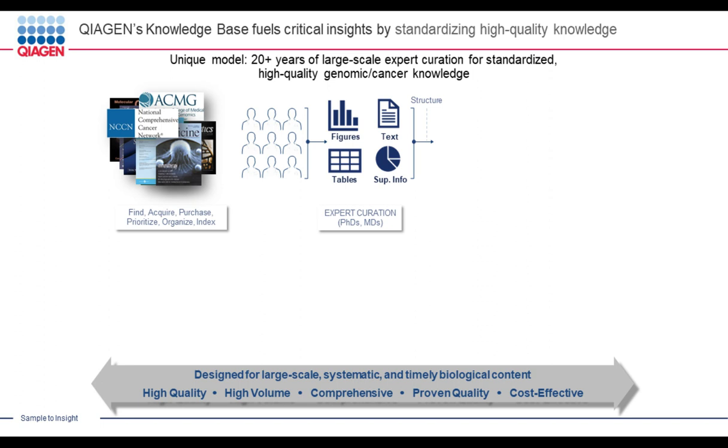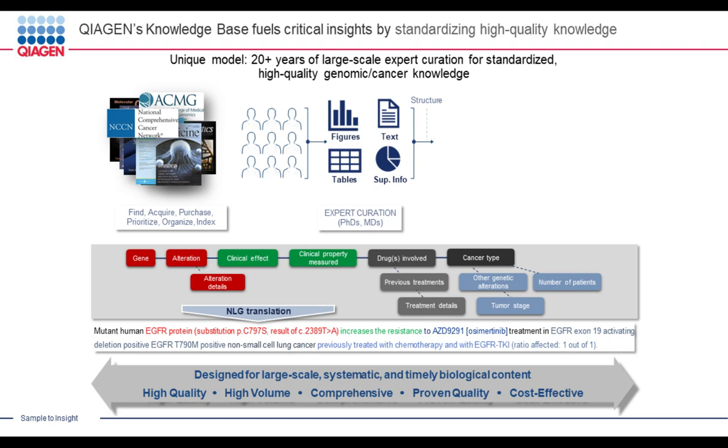And so our expert curators take this unstructured data from literature and start to generate what is called a finding. And a finding is essentially pulling nuggets of information from a scientific article, such as what gene was mentioned in that article, what was the alteration in that gene, and some of the details of that alteration. Was there any mention of clinical effect or clinical property measured?